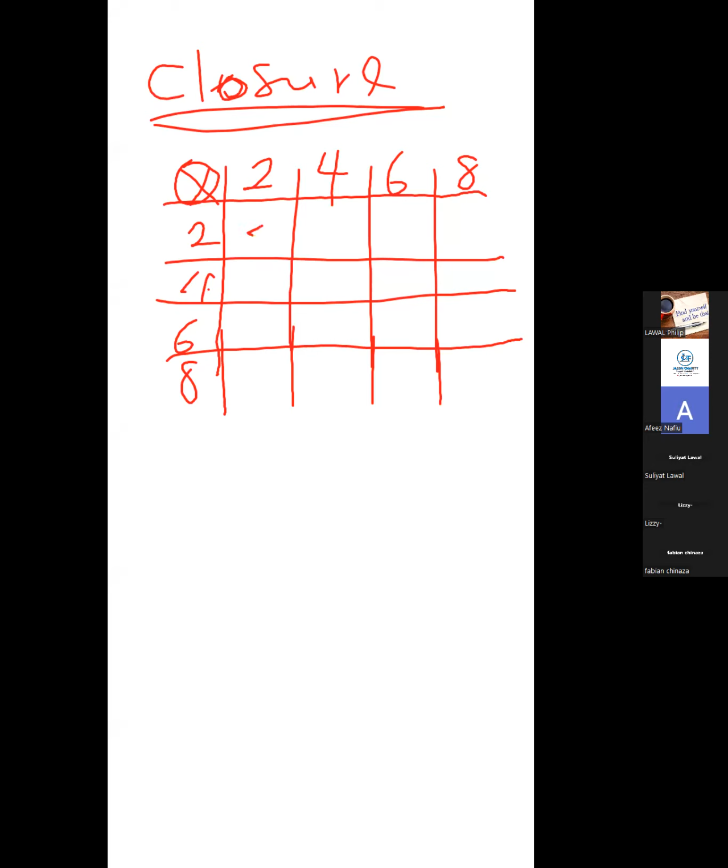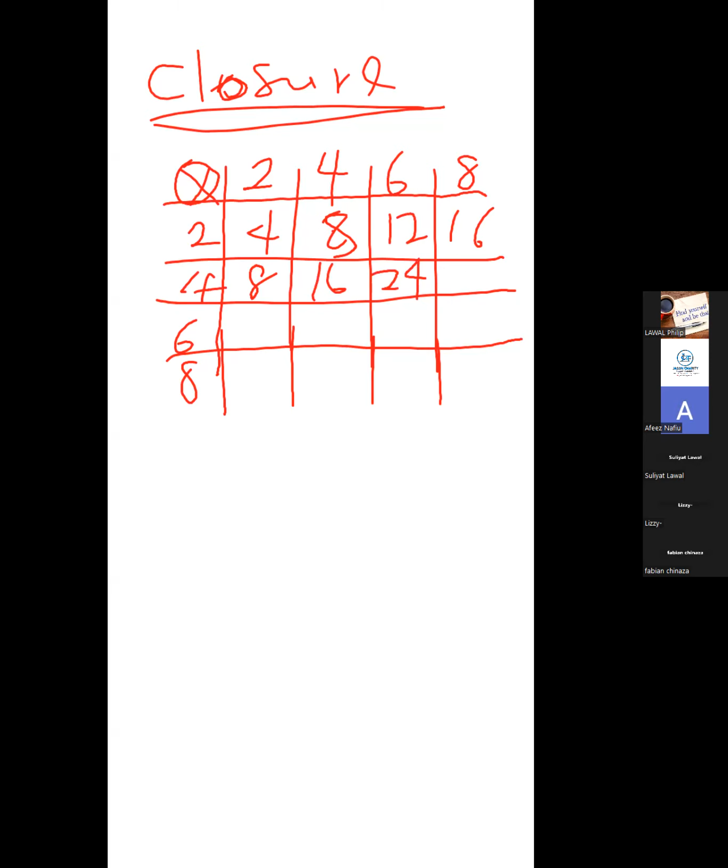You get 4. If you multiply 2 by 4, you should get 8. 2 times 6 will give you 12. And 2 times 8 will give you 16. 4 times 2 is 8. 4 times 4 is 16. 4 times 6 is 24.